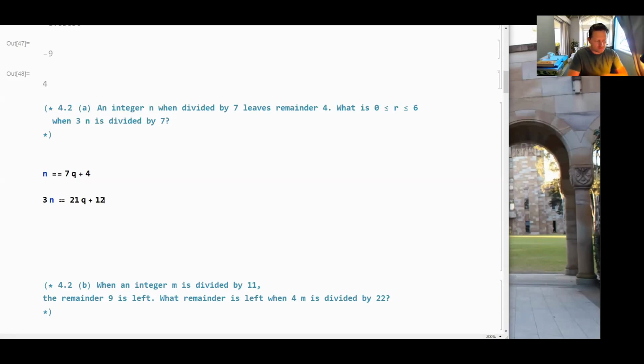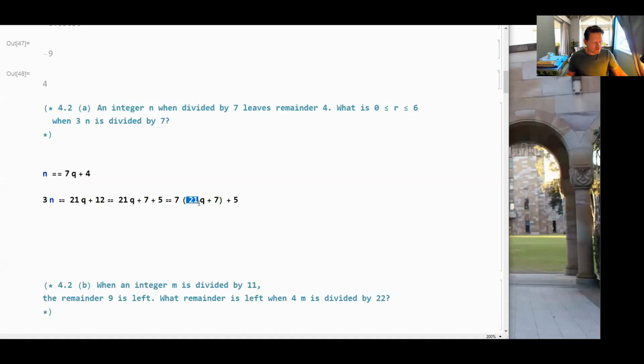But we want to know the remainder when this is divided by 7. Can we see any ways that we can express this in terms of 7? Well, we should write that 12 in terms of 7. So 7 plus 5 is 12. Now this part of it here is divisible by 7, so let's factorize the 7 out.